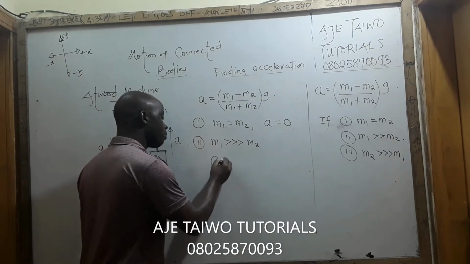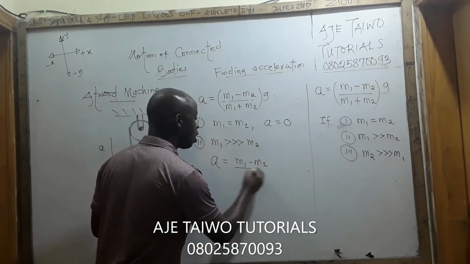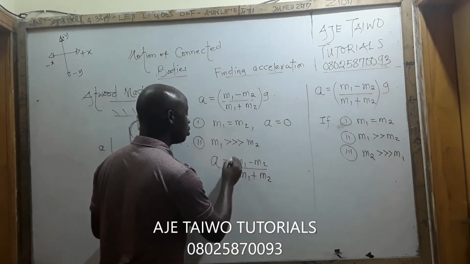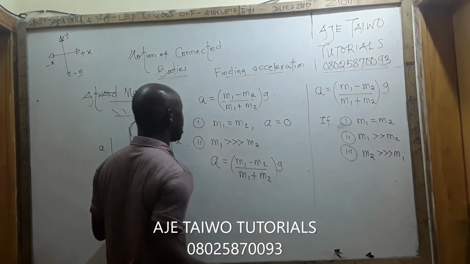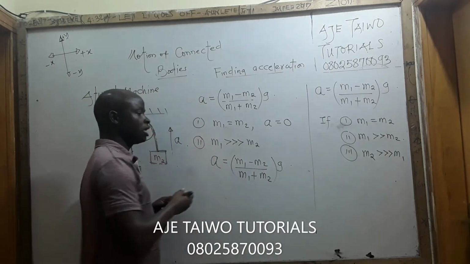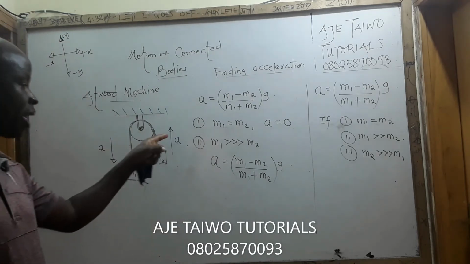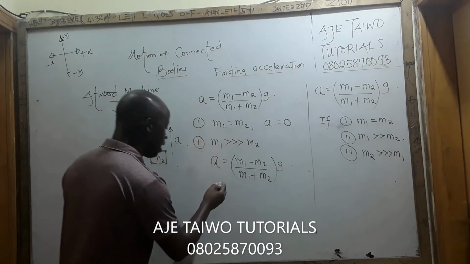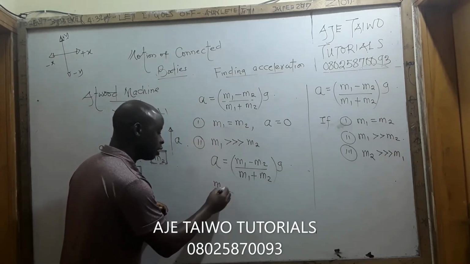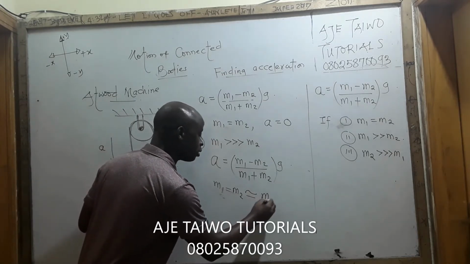Our A will become M1 minus M2 all over M1 plus M2 times g. Who can tell me what M1 minus M2 is? If M1 is far greater than M2, M1 minus M2 will be approximately equal to M1.